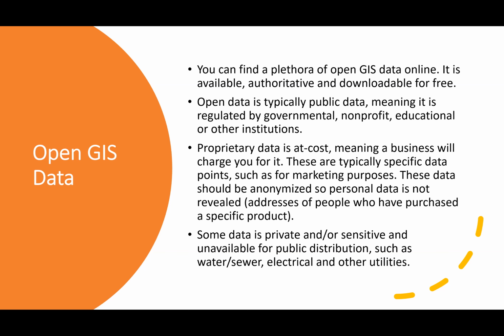Same with cable, for example, as another utility. So I will tell you, it is pretty difficult to obtain information on electrical utilities, in particular. It's just really hard to get it. You have to know somebody to be able to know somebody to be able to access that information.